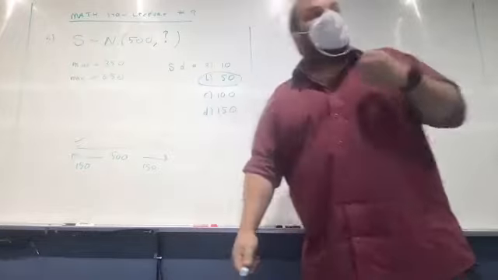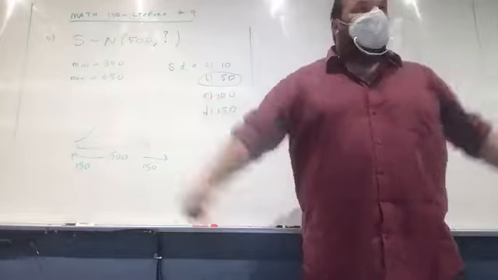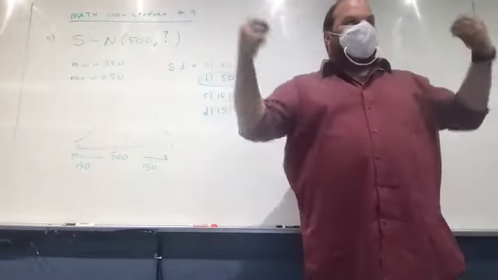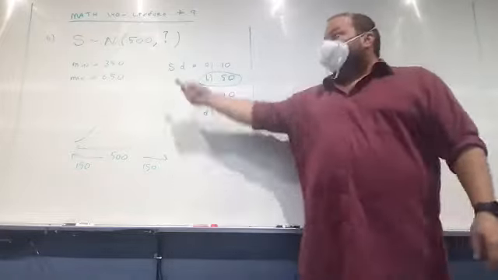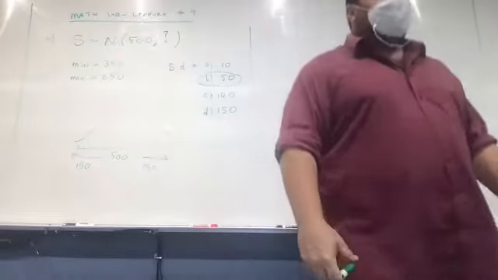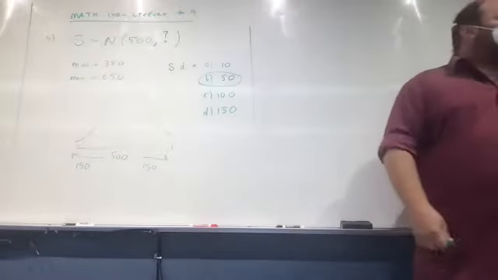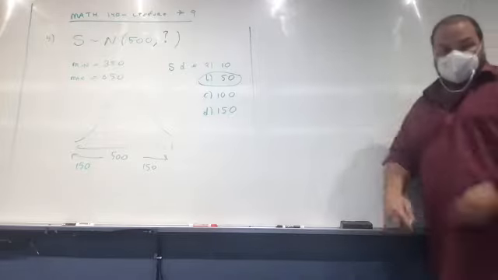But I also know that 3 deviations from the mean, left to right, is 99.7% of my data. It's almost everything. Which means 150 is approximately 3 deviations, which makes one deviation 50. If you were to start it out, you could say the mean minus the min over, approximately. Approximately. Question 5.